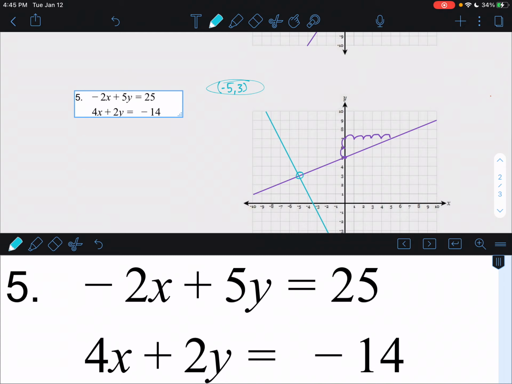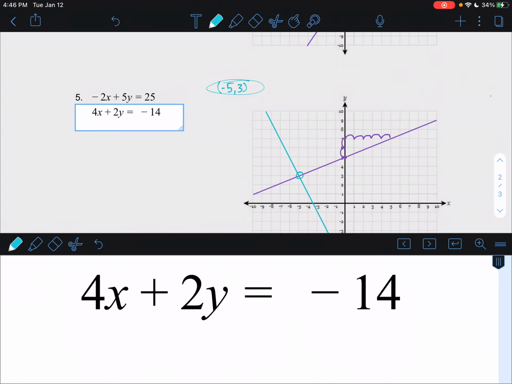If I were to solve for this x in the first equation, I would have to divide everything by -2, and neither this 5 nor this 25 is divisible by -2. If I were to solve for the y in the first equation, I'd have to divide everything by 5, and that 25 is divisible by 5, but that -2 isn't.